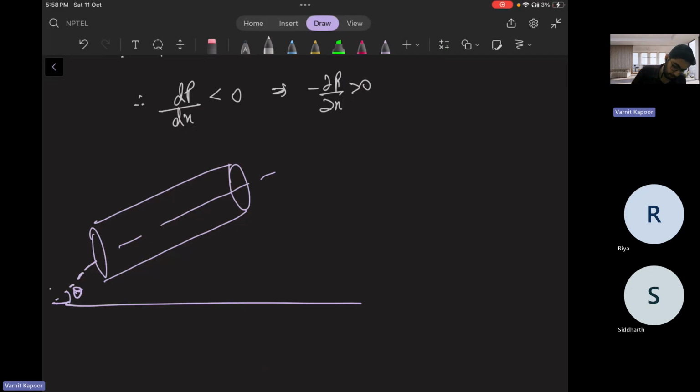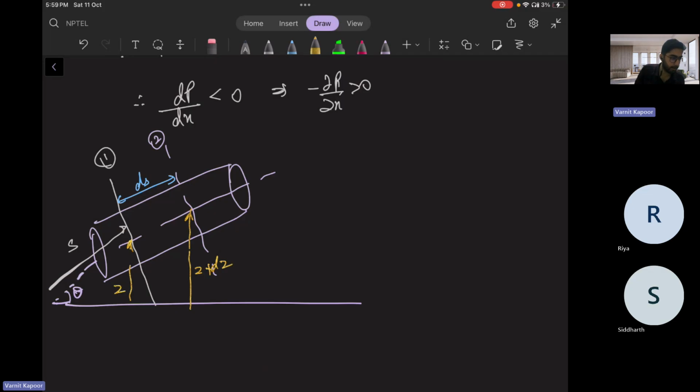This section, suppose, is S, Z section from position 1 to position 2. Let us assume that this much element is dS. This is at Z, this is at Z plus dz.